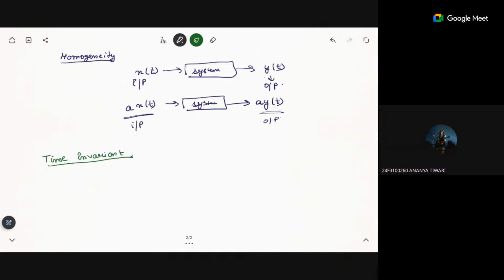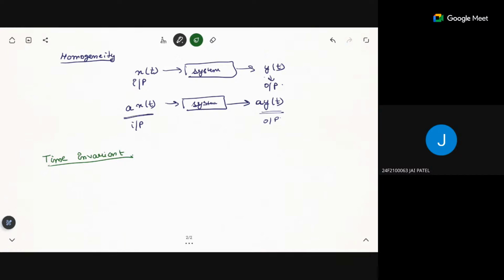So what do you understand by a time invariant system? If we change time in the input signal, the same shifted or scaled version should appear in the output also. Yes, correct. Or we can say the delayed and advanced input gives the delayed and advanced output.